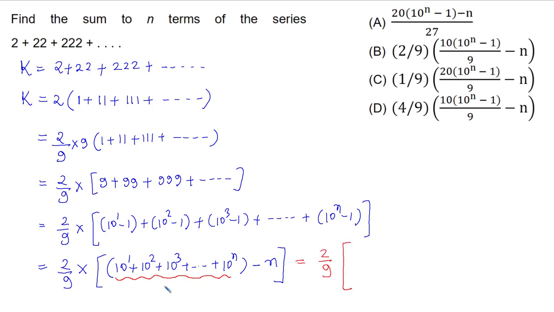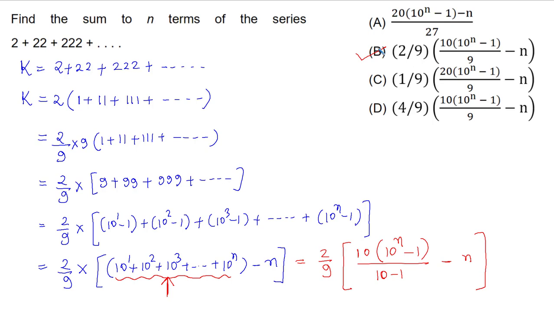In this bracket the first term is 10, the value of r is 10, the number of terms is n, so 10 into 10 to the power n minus 1 divided by r minus 1. r minus 1 is 10 minus 1, and minus n as it is. We used the formula for the sum of n terms in a geometric progression. Which option is in this format? The second option, so our answer is the second option.